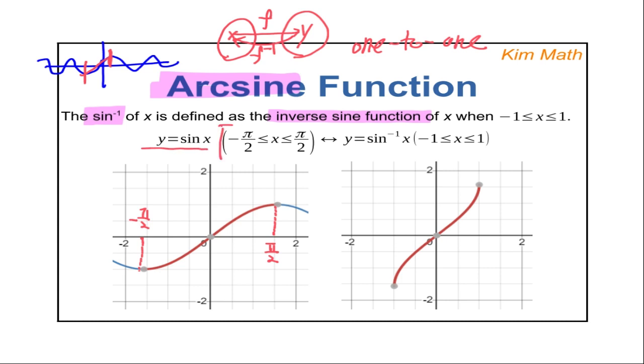If I restrict our domain from negative pi over 2 to positive pi over 2, or in degree mode from negative 90 degrees to positive 90 degrees, now the inverse of this one is here. This is our inverse function.